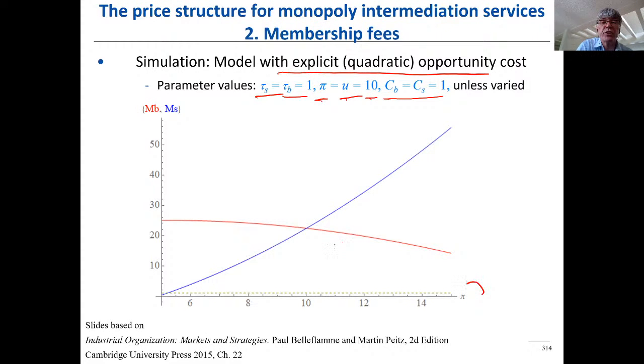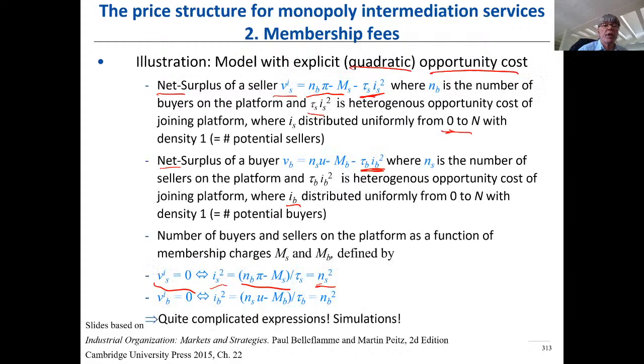In the first instance here, I assume that pi is no longer 10, but I varied pi. What does that mean? Starting from the utility buyers get from sellers, I changed the utility sellers get from buyers. I can just jump back here.